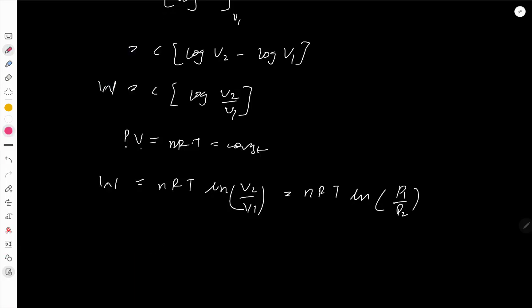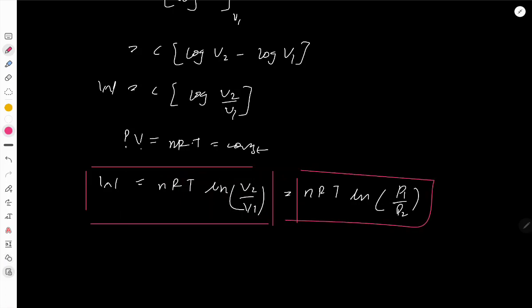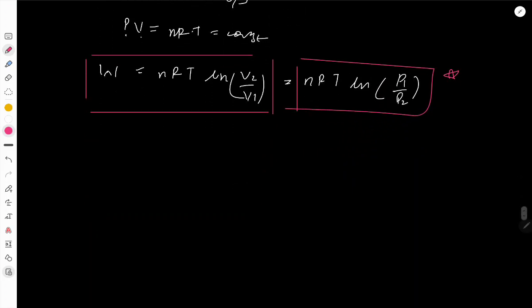Yes, these formulas are important, expecting some kind of questions from it.